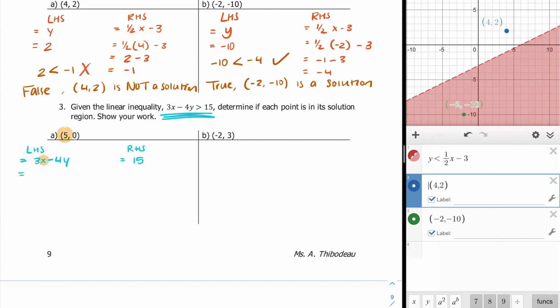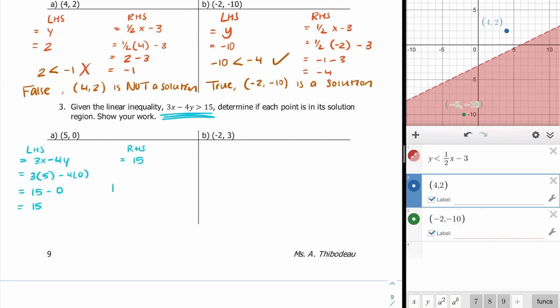Every single time I see an x, I'm going to plug in a 5. Every single time I see a y, I'm going to plug in a 0, because that is what my point is suggesting. So I have 3 times 5 minus 4 times 0, which gives me 15 minus 0, which is 15. My right-hand side is done and completed. I have nothing that I need to do with it.